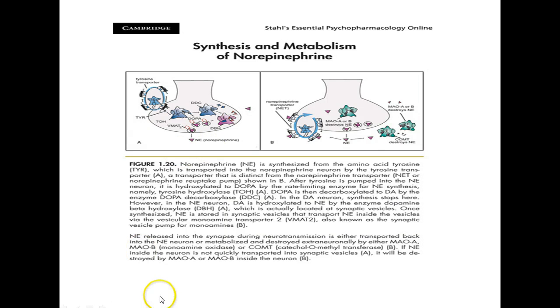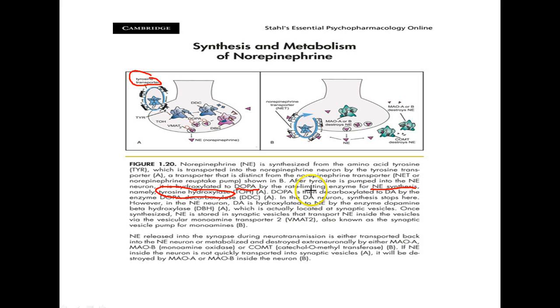As we know from your basic science courses, the main rate limiting step is the tyrosine transporter, and then you have uptake of tyrosine, leading to formation of hydroxylated tyrosine transported to dopa, by the rate limiting enzyme for norepinephrine synthesis, namely tyrosine hydroxylase. That's the main rate limiting enzyme.